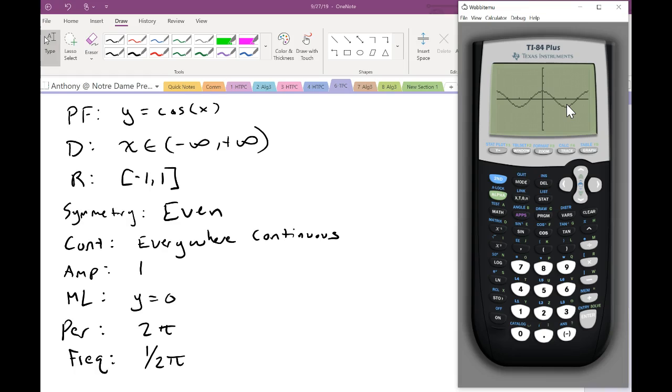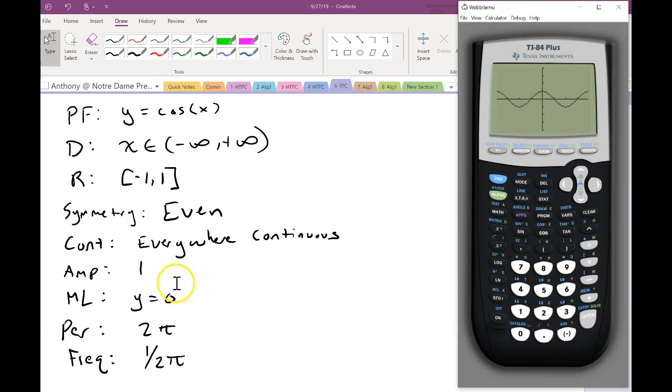And I'll borrow that same vocabulary here. So if we look at this distance from the crest or trough to the midline, that distance would be the amplitude. That distance is 1 here. Hopefully it's easy to see that.